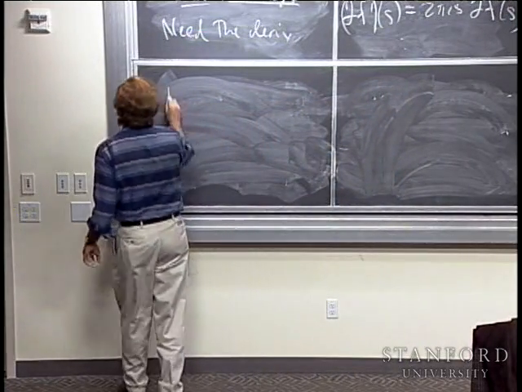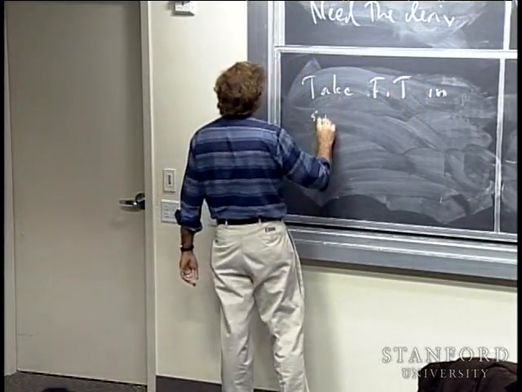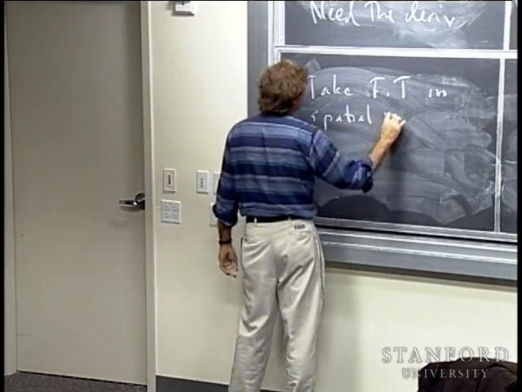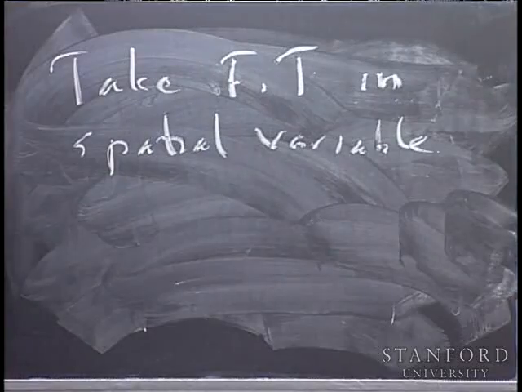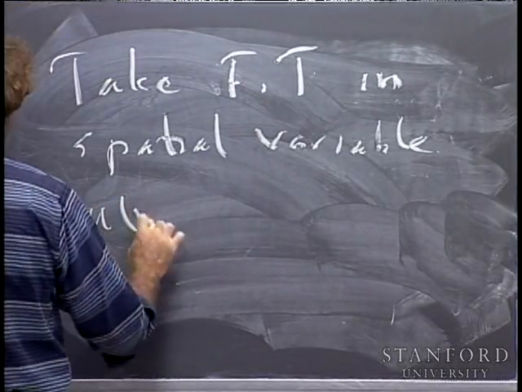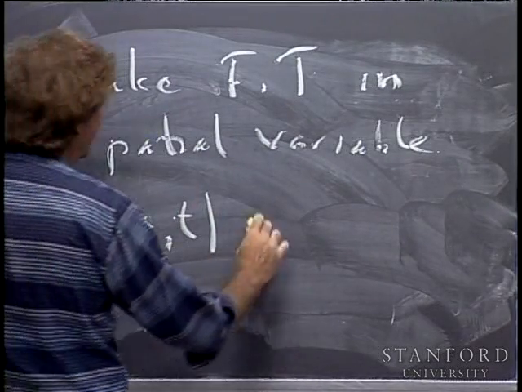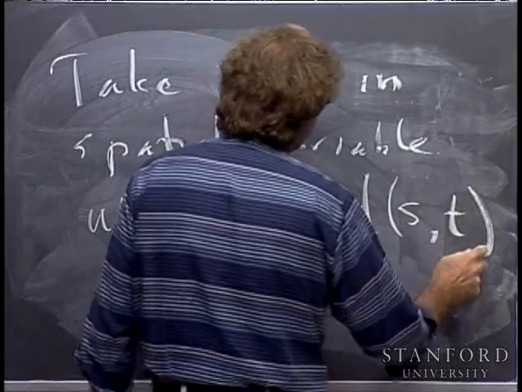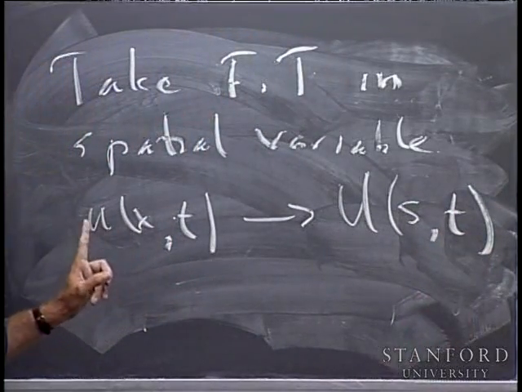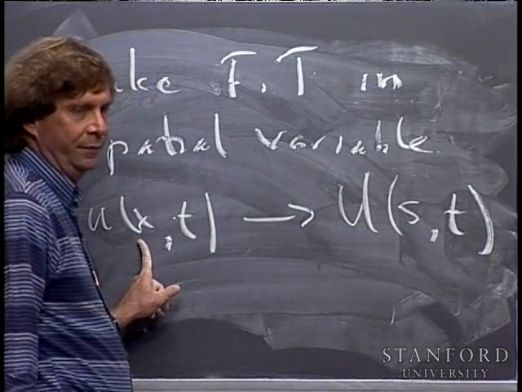If lowercase u is the original function, then I'll call the Fourier transform capital U of s, t. The t is just tagging along for the ride. It's the spatial variable that I'm taking the Fourier transform with respect to.